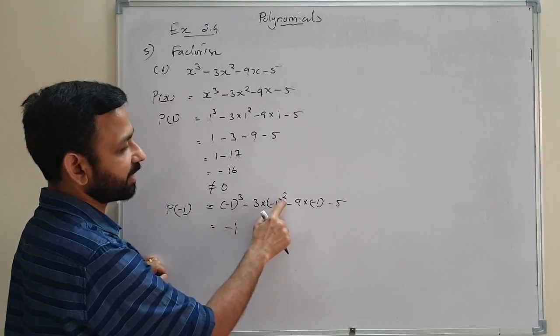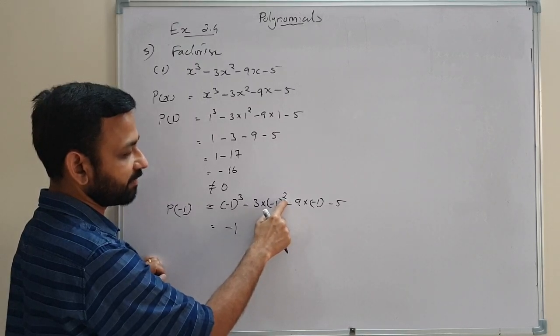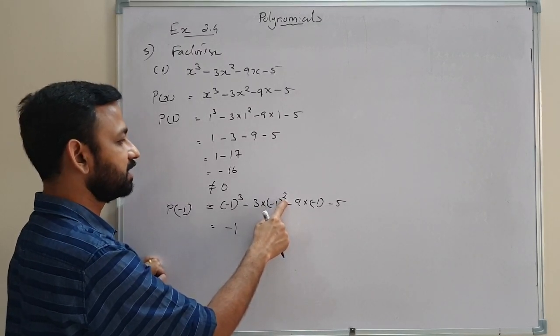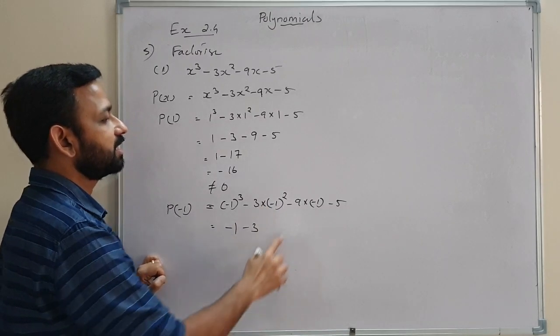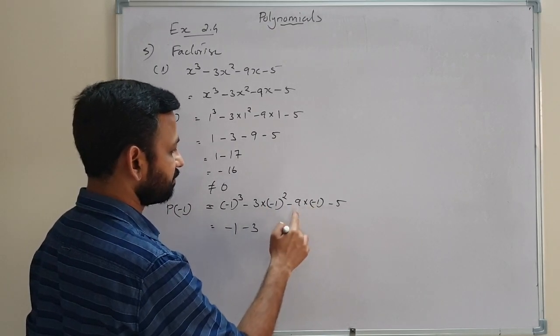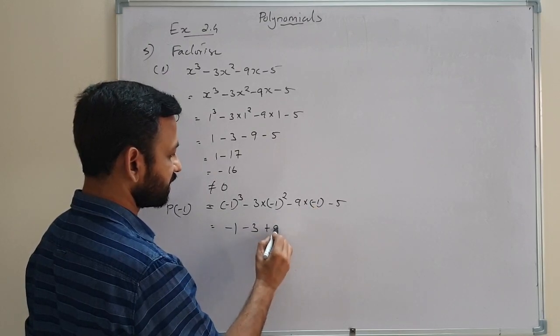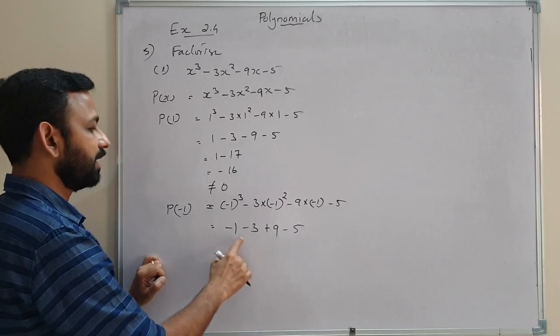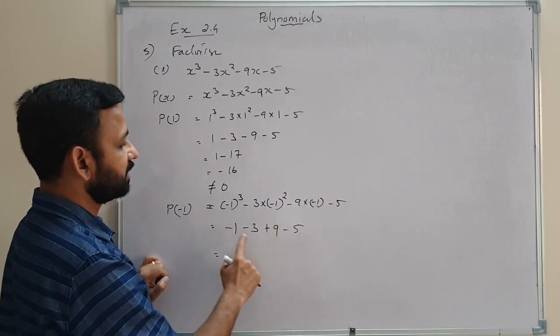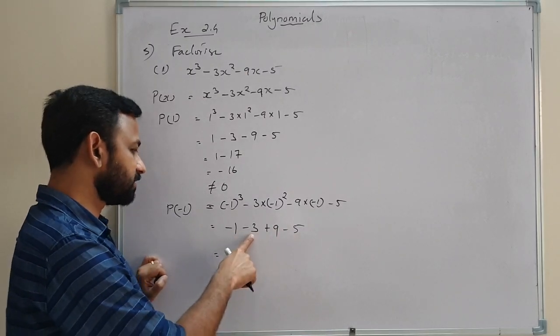Then minus 1 square: minus 1 raised to an even number is plus 1. So that is plus 1 into minus 3, that is minus 3. Then minus 9 into minus 1: minus into minus is plus, plus 9. Then minus 5. Now the sum of the negative numbers: minus 1 minus 3, that is minus 4.